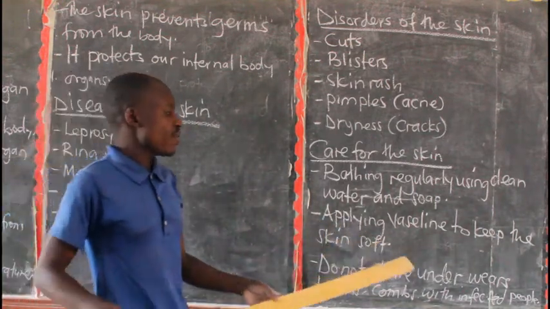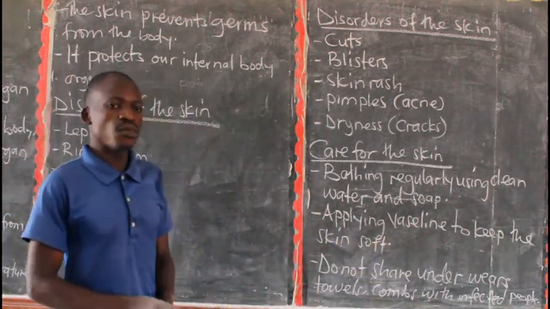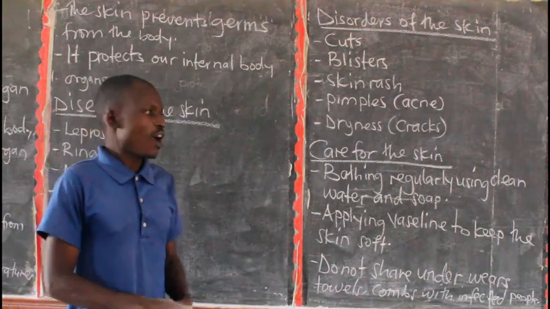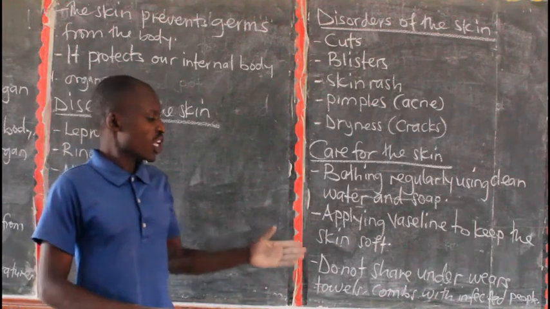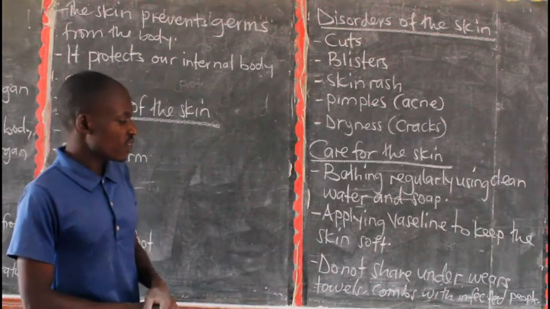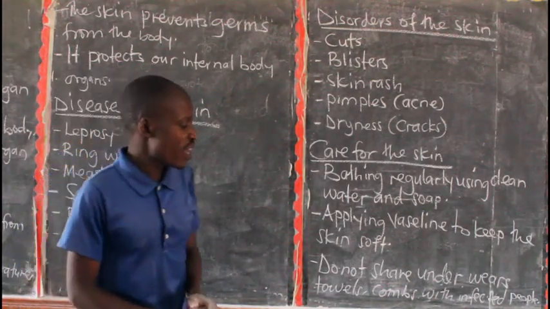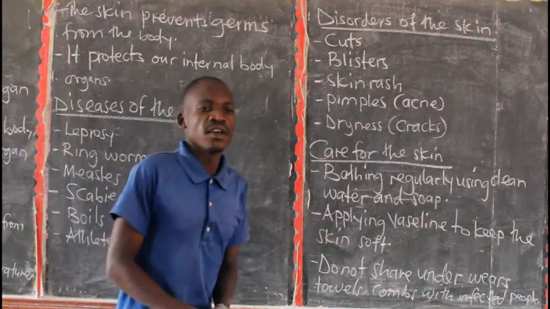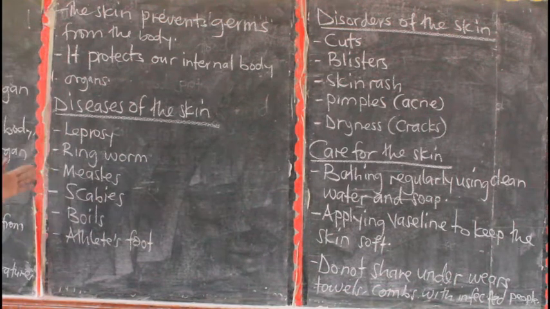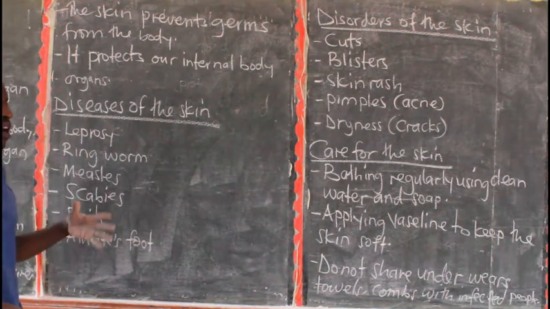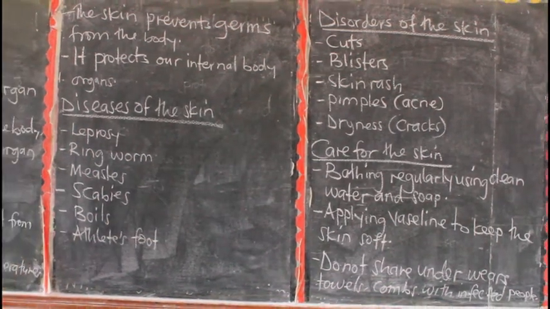Then also you can apply Vaseline to keep the skin soft, to prevent that dryness of the skin. Apply Vaseline on your body after bathing. Do not share underwear, towels, and combs with an infected person. Remember that most of these diseases like ringworms, measles, scabies, and athlete's foot come as a result of poor hygiene.